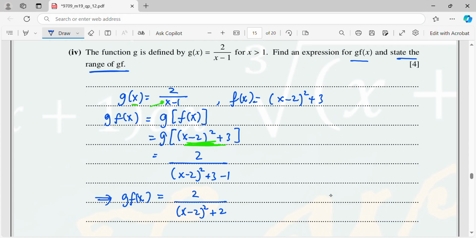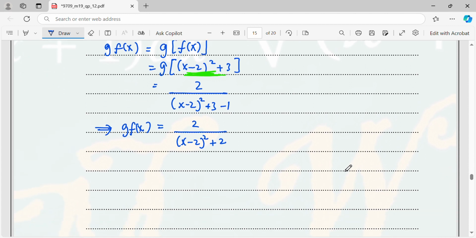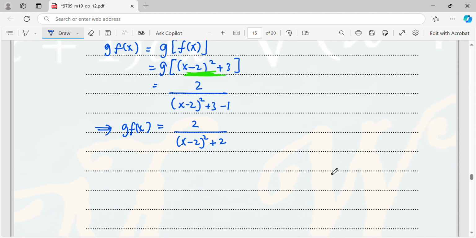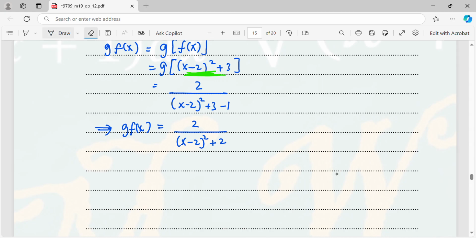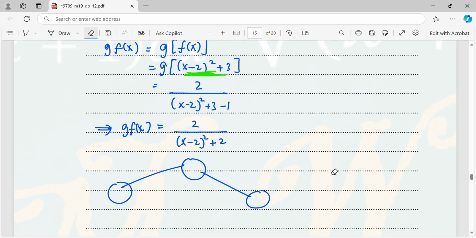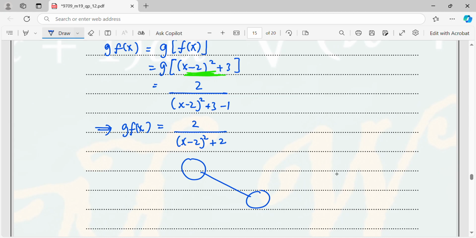Now, state the range of gf. Okay, so you may just refer to the domain. Now you look at here. For the composite function, this is gf, but we substitute f into g.